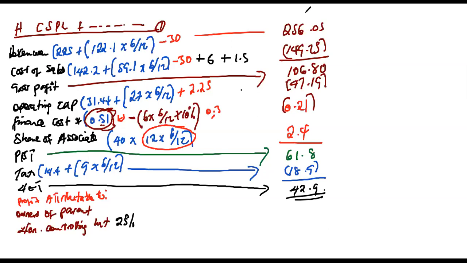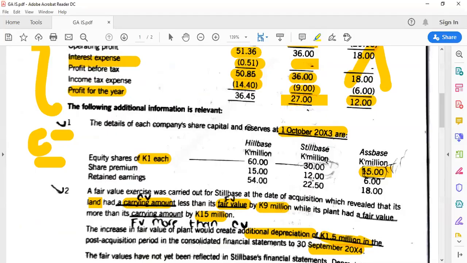It's not everything that belongs to us. The profit that this guy has made in a year was 27. But of this 27, we do not control everything.